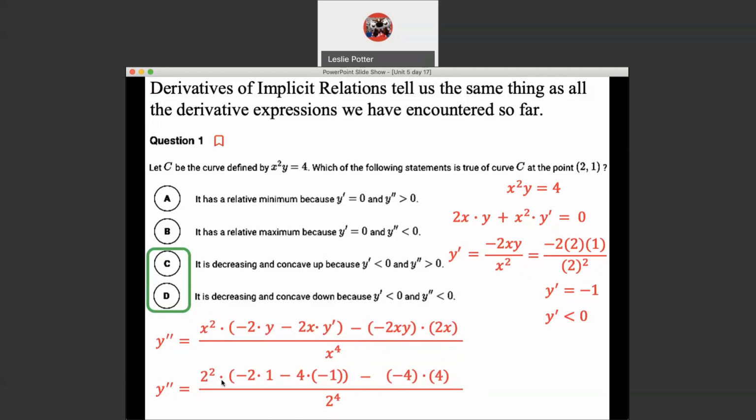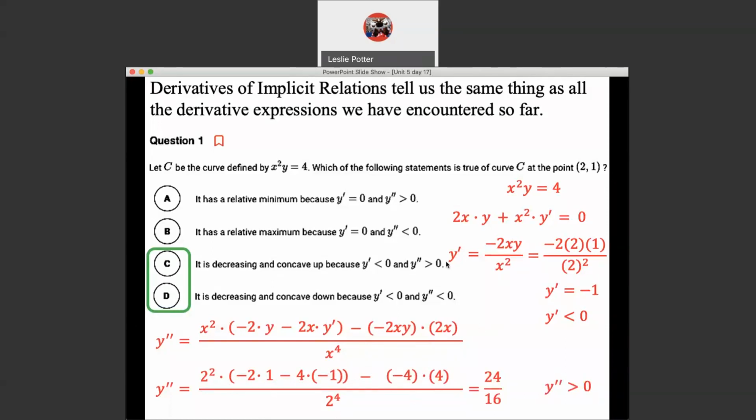We have 4 times negative 2 plus 4, so we get 4 times 2, positive 2, which is 8. And then this is positive, plus 16. So it looks like we have 24 on the top and 16 on the bottom. That's positive. That's all we really care about. So we know that y double prime is greater than 0.